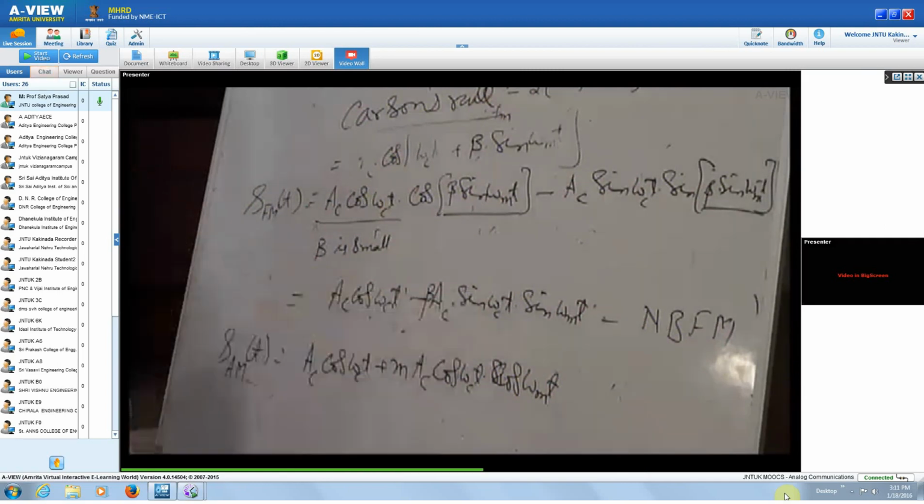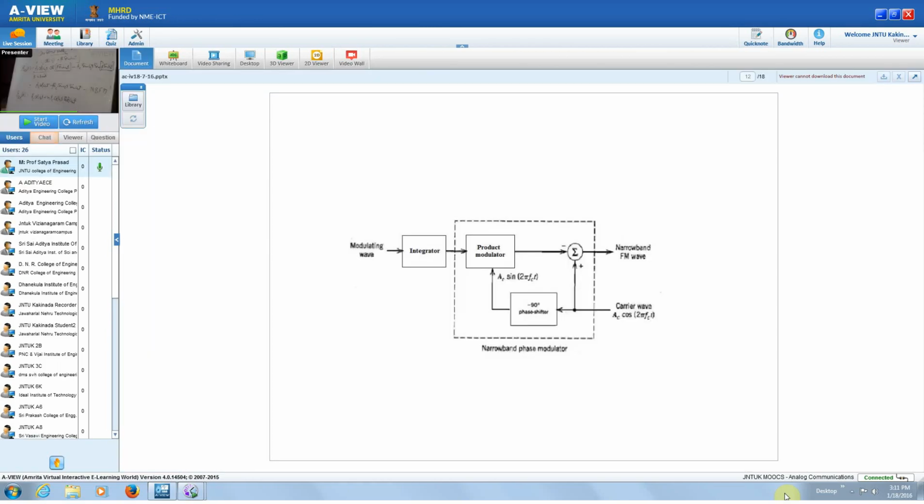The typical generation of this narrow band FM: we have your modulating wave m of t, and an integrator to give you sin omega mt, because m of t we are saying as cos omega mt. We generate a carrier of AC cos omega Ct and give it to a 90 degree phase shifter.